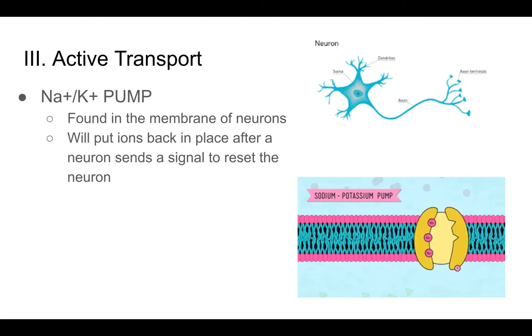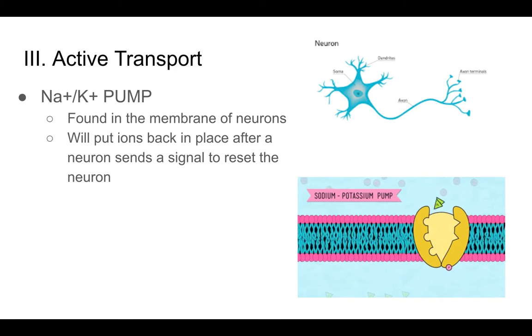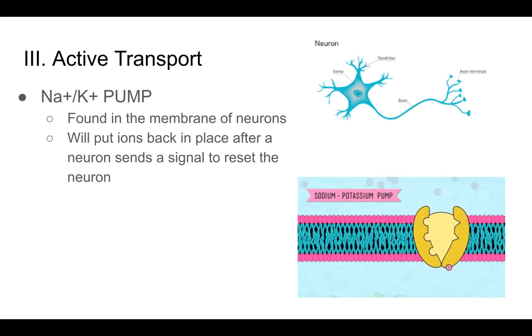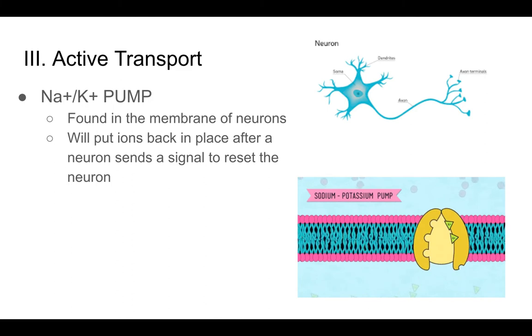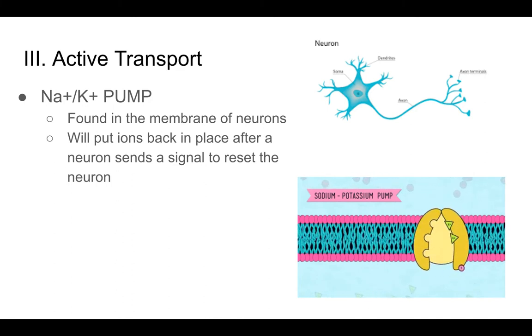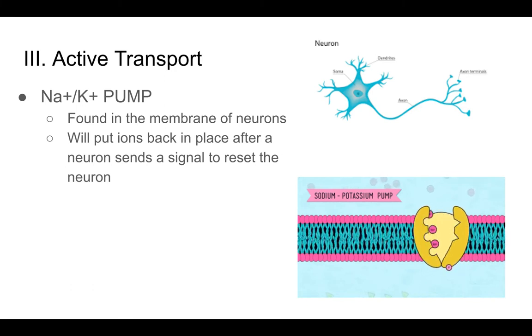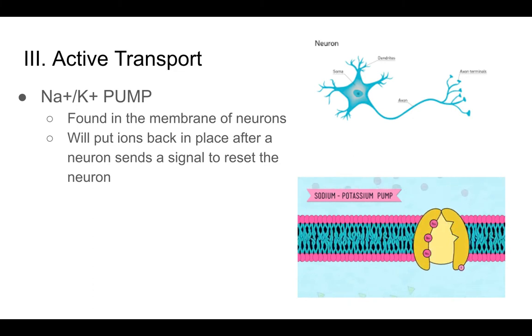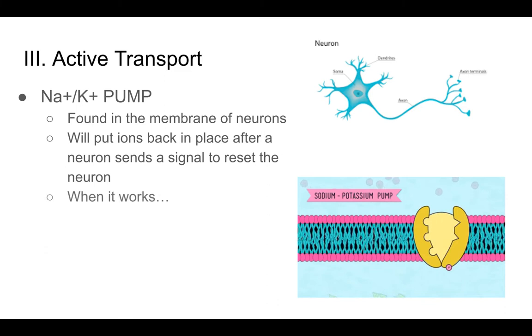So this particular pump is really an effort to reestablish "normal" so that the neuron can fire again. So this is something that comes in at the tail end of the neuron generating an electrical signal and sending it down its body. Now it needs to reset so that it can be ready to receive the next signal and send the next signal.